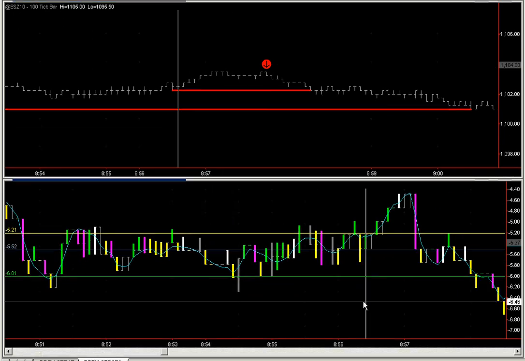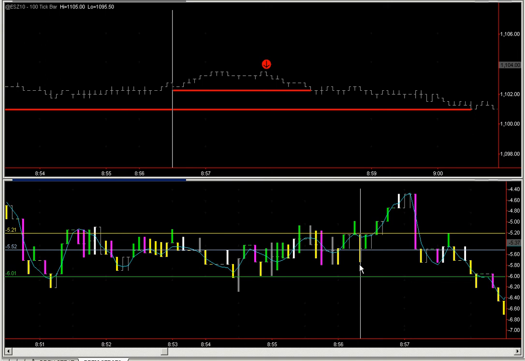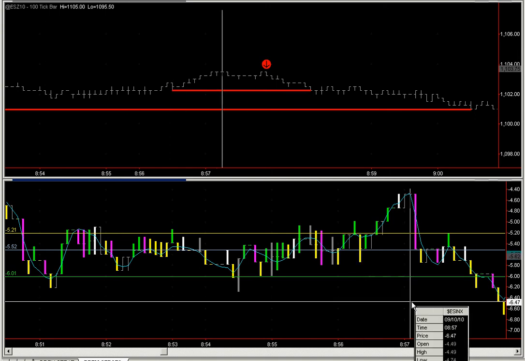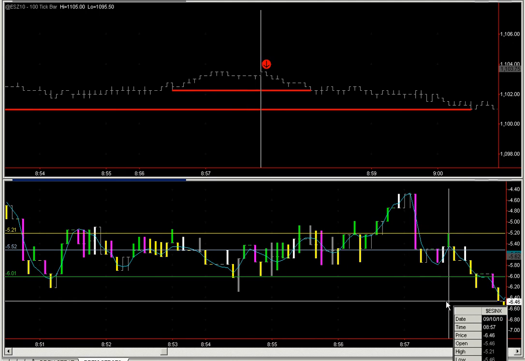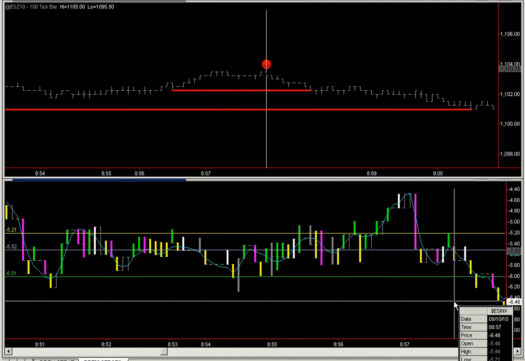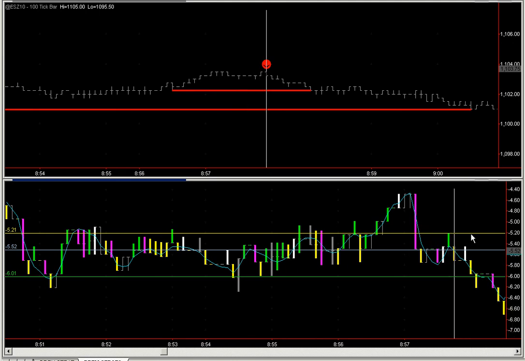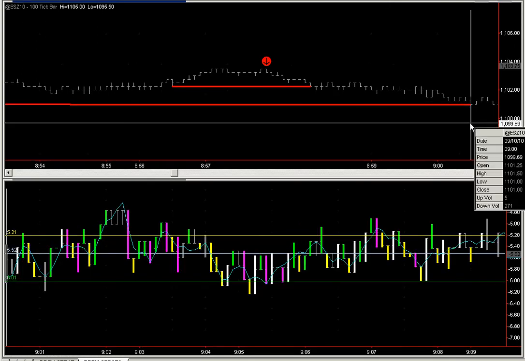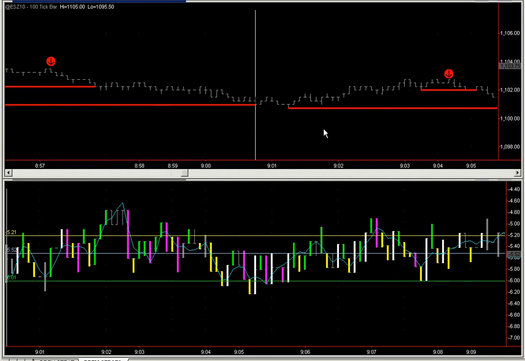Here's the setup bar indicating a return to that price, and the short takes place as we drop below the yellow line with a negative color. A nice drop down to our expected price down here.